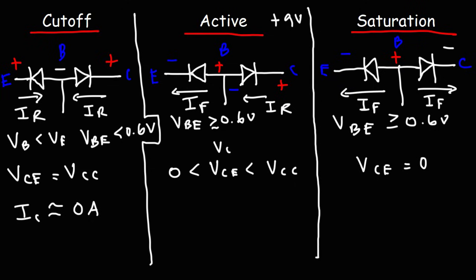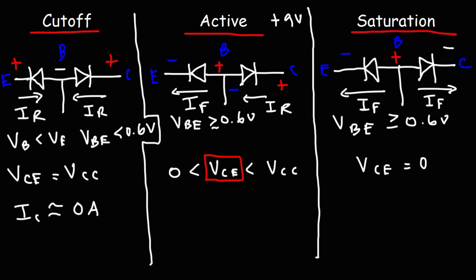So that's why it's important to know what the VCE value is, because by knowing it, you could determine if the transistor is operating in the cutoff region, in the active region, or in the saturation region. So VCE, knowing that value, is very important. Now the second thing you could use to determine if the transistor is operating in the cutoff, active, or saturation region is the IC value.